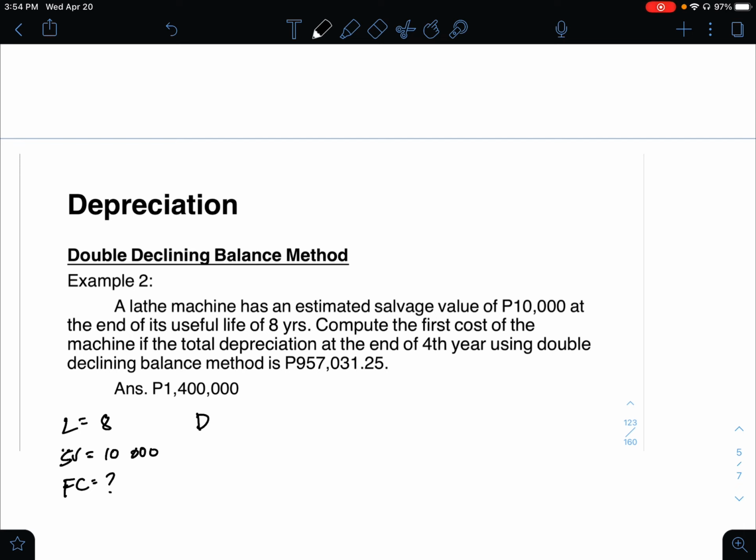Total depreciation at the end of the fourth year is 957,031.25. So FC is what we are looking for, the first cost.